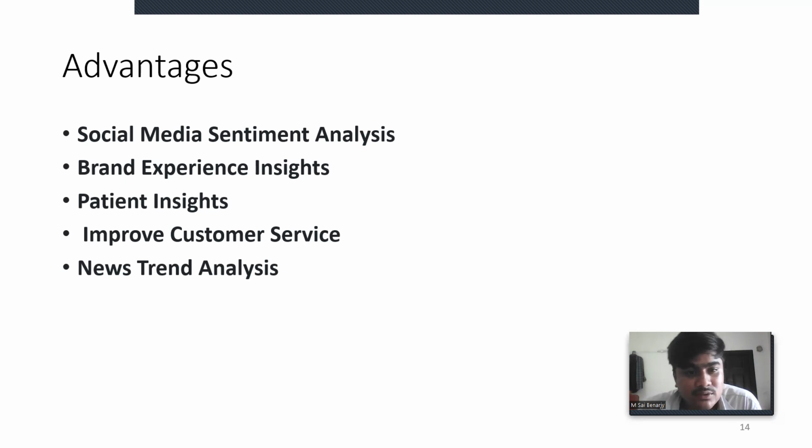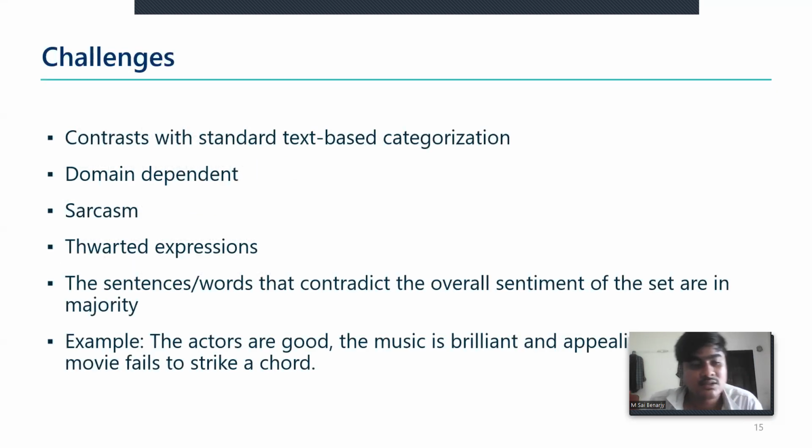And news trend analysis, whether the news is okay or not okay. And these are all the advantages of sentiment analysis, the five advantages. And what are the challenges in sentiment analysis?